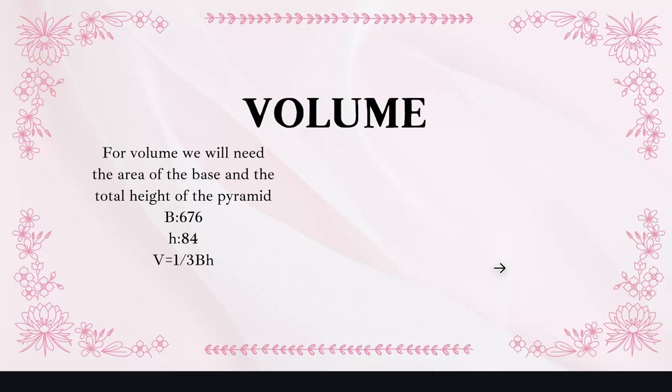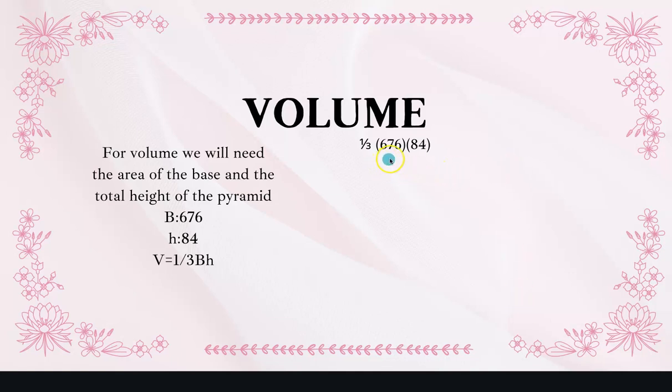For volume, we are going to need the area of the base and the total height of the pyramid, which is uppercase B and lowercase h. So for the area of the base, we got 676, and 84 for the height. And we got V equals 1/3 B times h, where the 1/3 just means we're going to divide by 3.